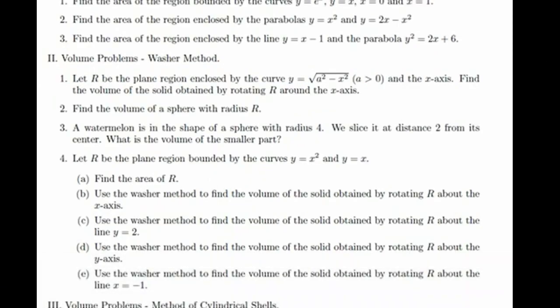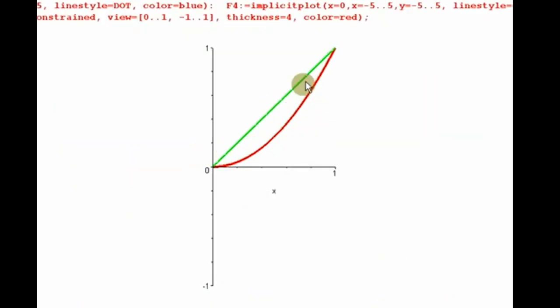Now let's imagine the shape of the solid in question B. In question B, the solid is obtained by rotating the plane region R around the horizontal axis. So here is the plane region R, right? It's enclosed by the green line segment and the red part of the parabola, right? If you rotate the plane region R around the horizontal axis, what shape do we get?